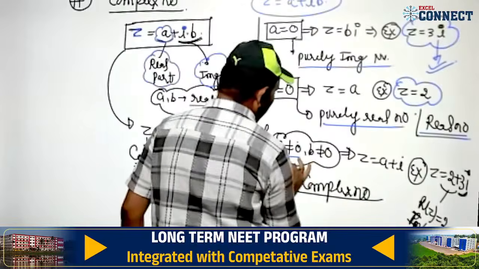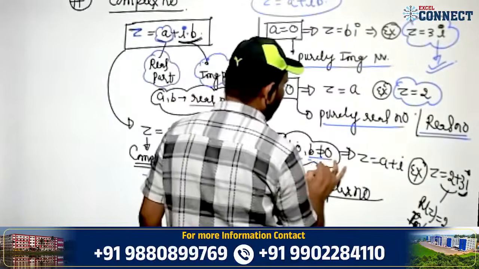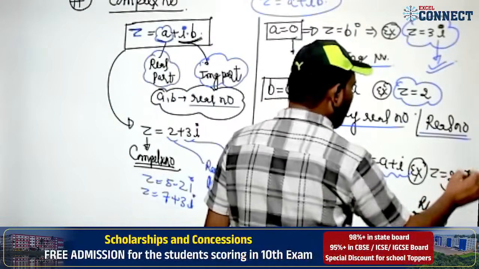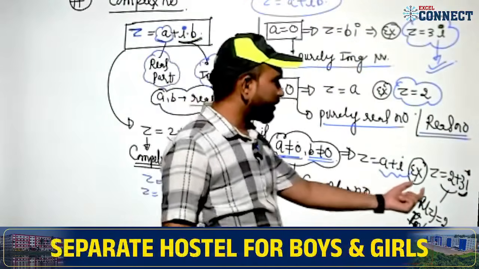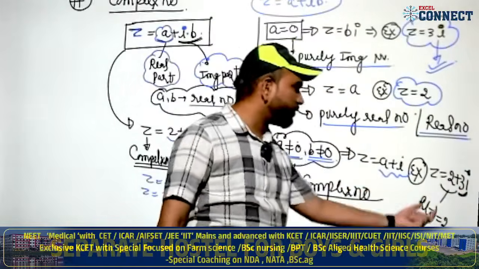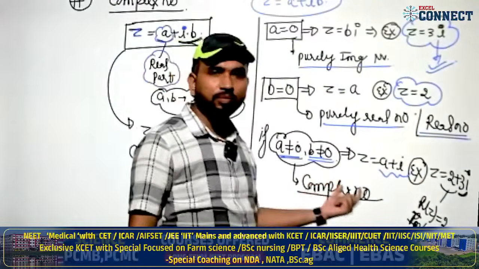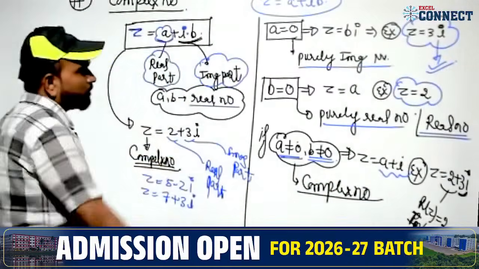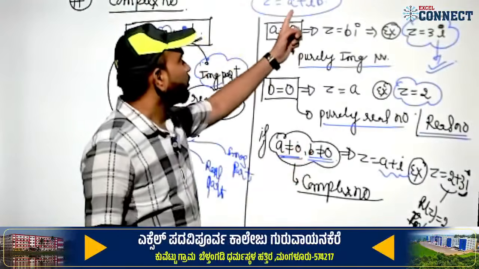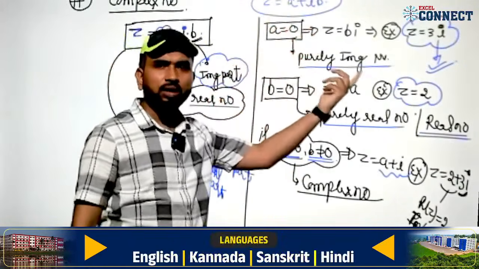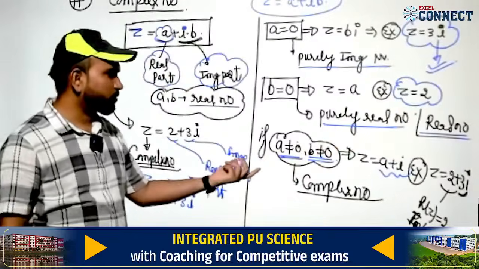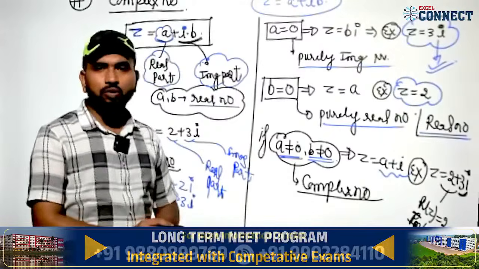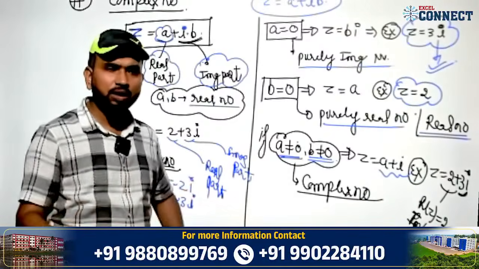If a is not equal to 0 and b is not equal to 0, then z is equal to a plus ib, like 2 plus 3i, where the real part is 2 and the imaginary part is 3, so it's called a complex number. If a is equal to 0 and b is equal to 0, then z is equal to 0, which we can say is a real number, because both the imaginary and real parts are 0.